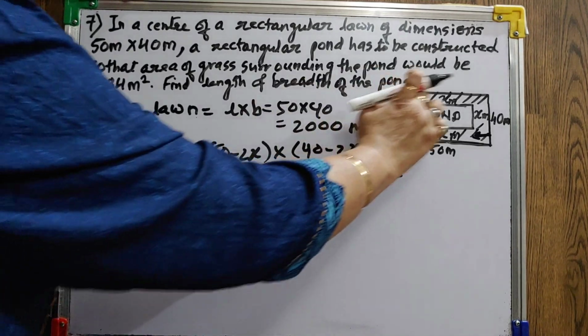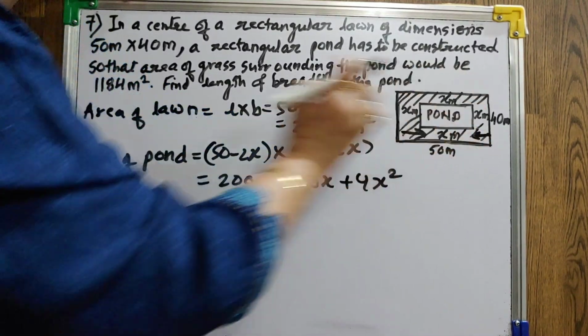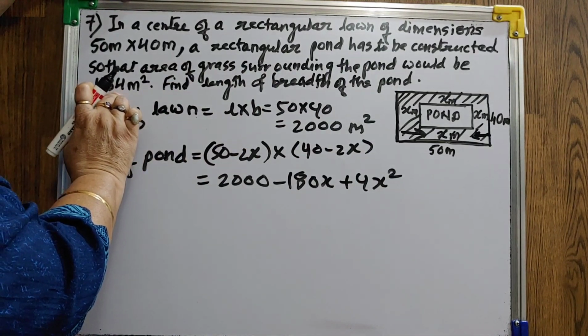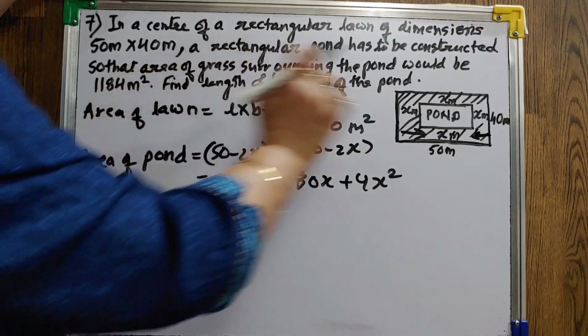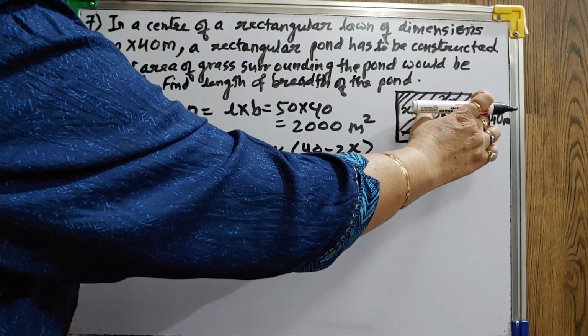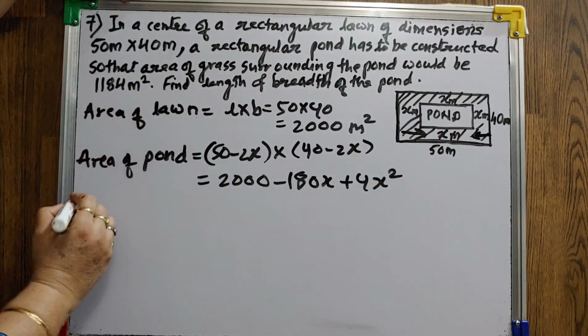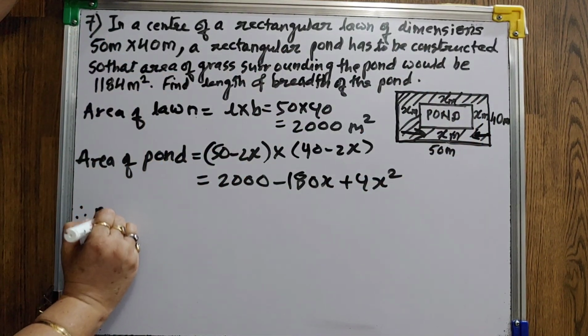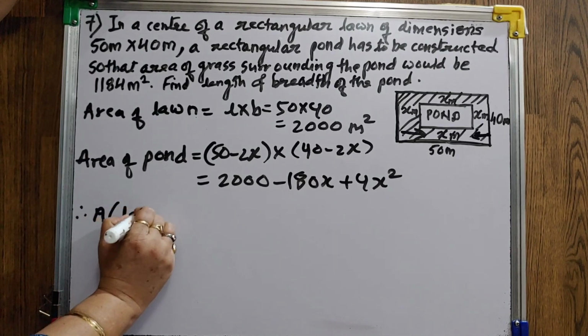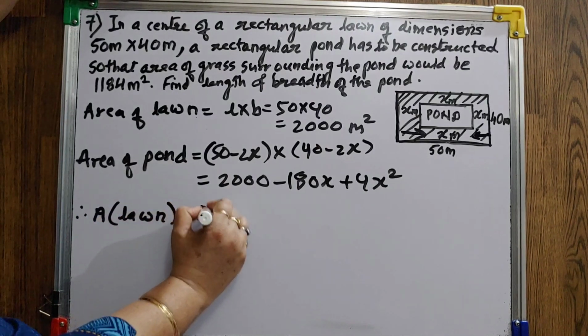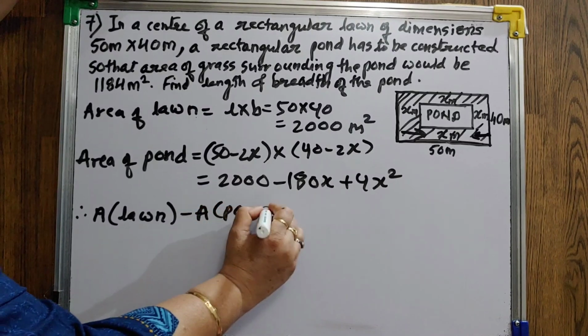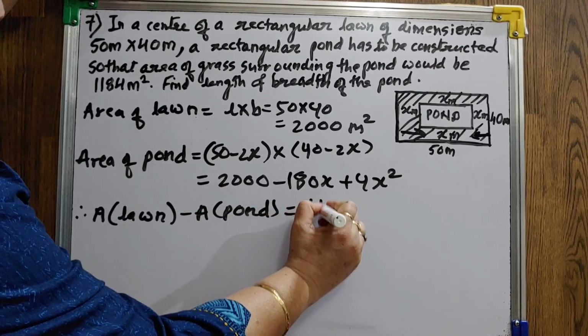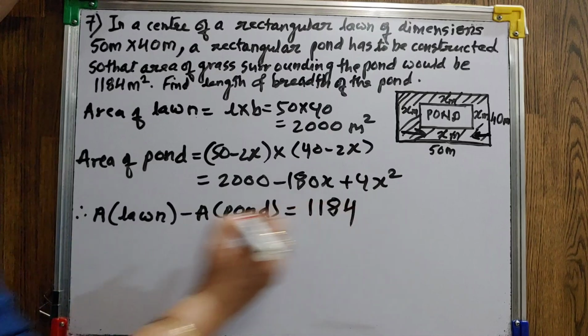Now, this area is given, which I have shown with the shaded part, that is the 1184 square meter. So, from area of lawn, when you subtract the pond, your area will be this. So, area of lawn minus area of pond, that together will give you 1184.